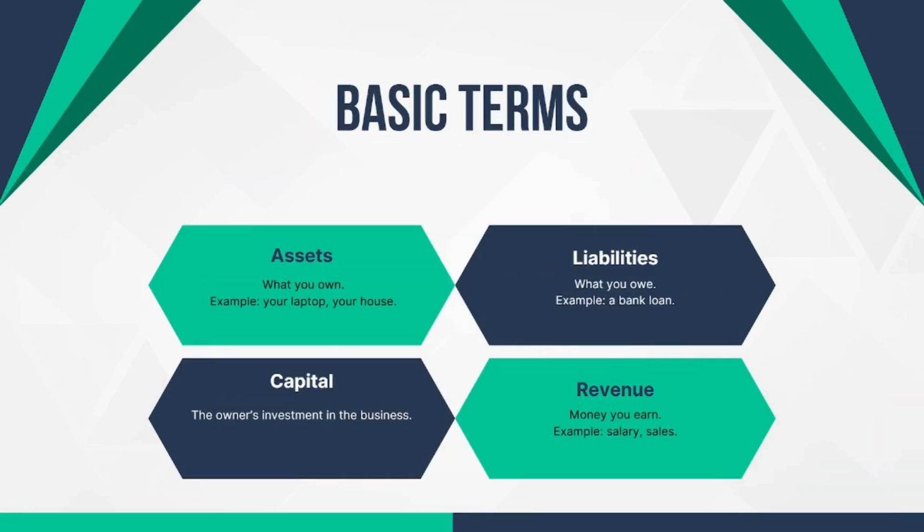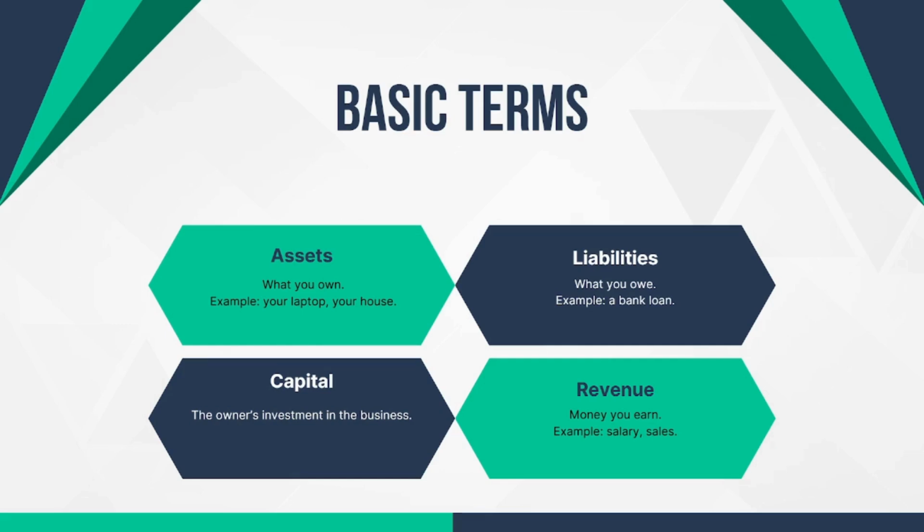And here are some basic terms that we should know in accounting: assets, liabilities, capital, and revenue. Assets are what you own. For example, for you, it means what you have purchased with your money, like your laptop, your house, your car, and for the company it can be machinery, equipment, and buildings, what it owns.